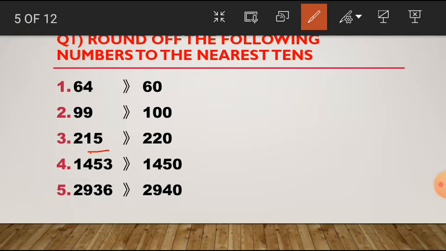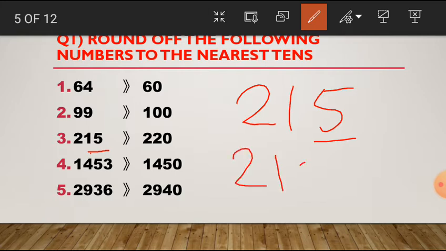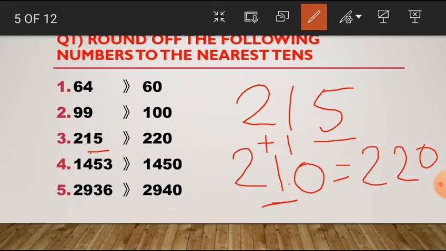We have to replace the 5 by 0, so it becomes 210. Now, since it is 5, according to the second rule, add 1 to the tens place digit. The tens place digit is 1, so 1 plus 1 is 2. So what is the answer? 220. Got it, children?